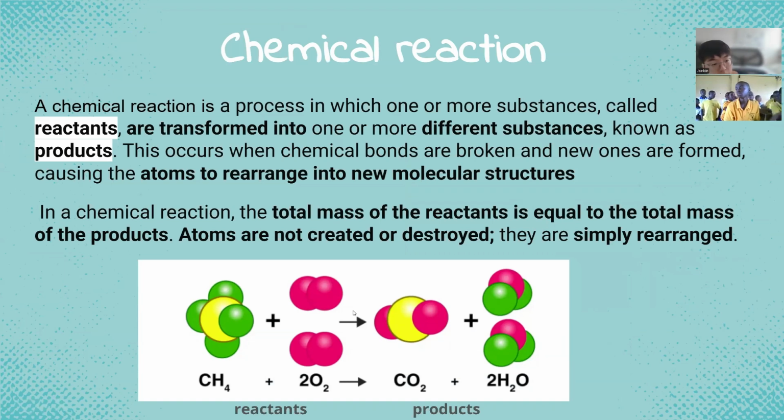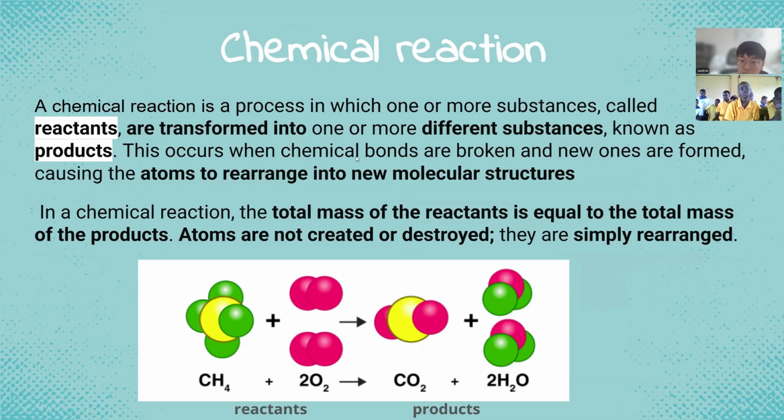A chemical reaction is a process in which one or more substances, called reactants on the left side, are transformed into one or more different substances known as products.